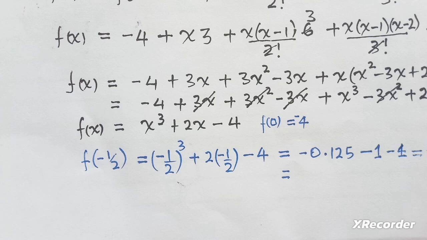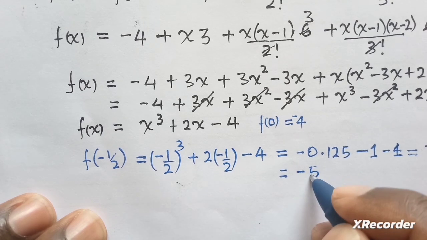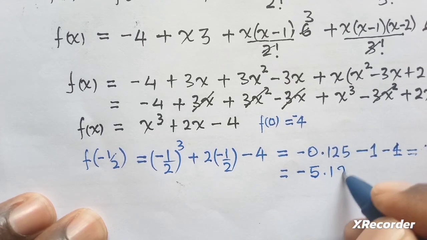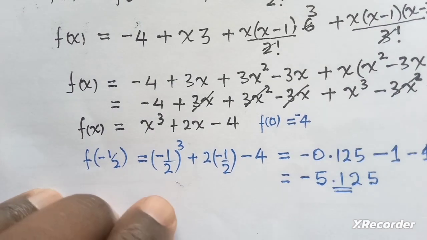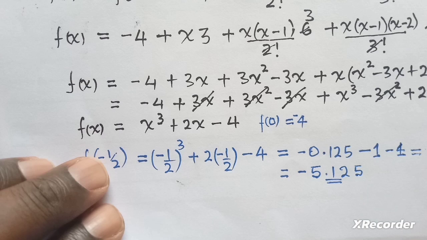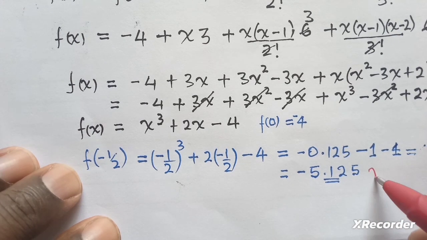So that gives us -5.125. So, guys, that is actually our solution for that, and I can write it confidently. This is -5.125.